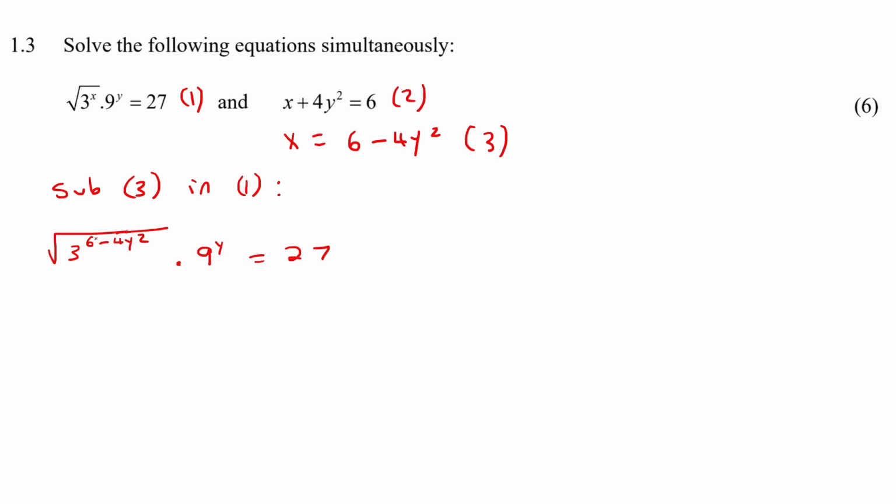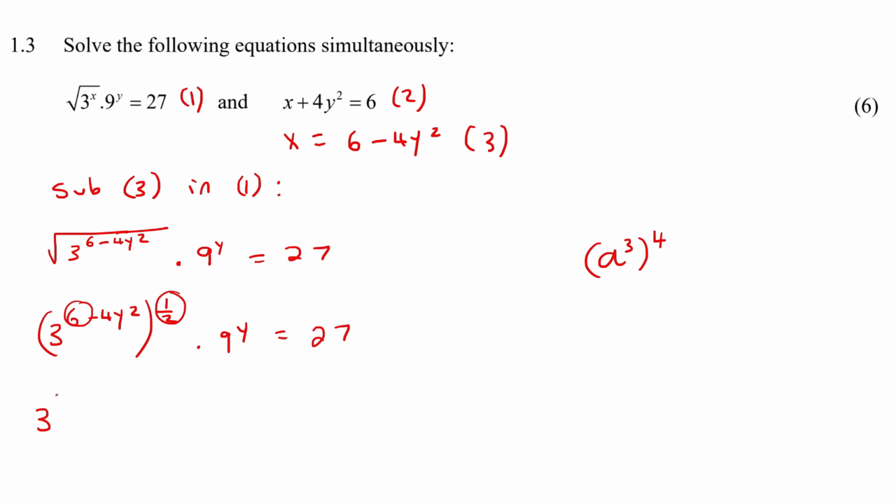Okay, now remember, when you have something with a square root, it's the same as saying that it's to the power of a half. Now, if we go back to exponent rules, if you have something like this, what do you do with these two things? You multiply them. So I'm going to multiply the half with the 6, so that'll become 3.